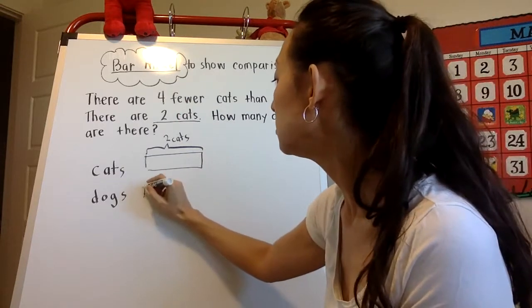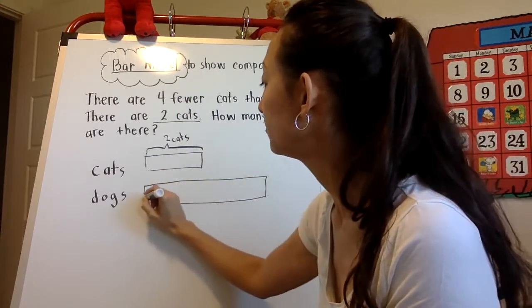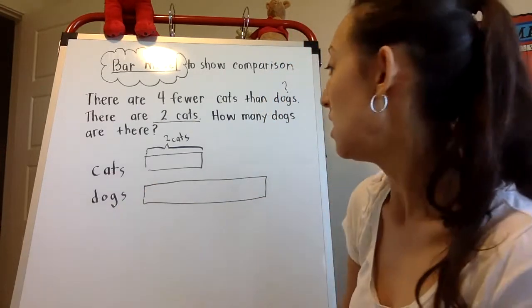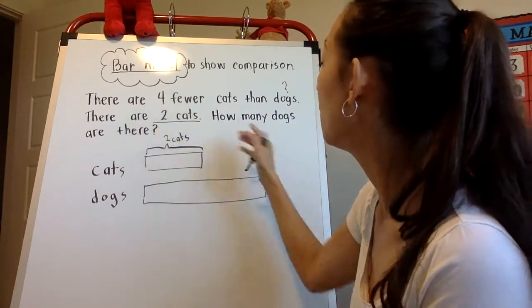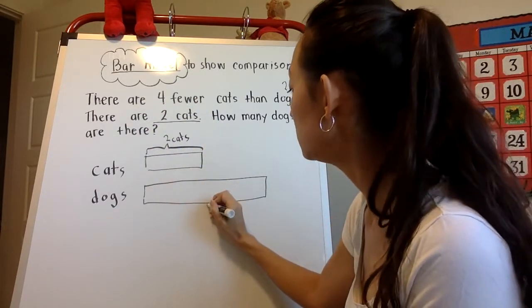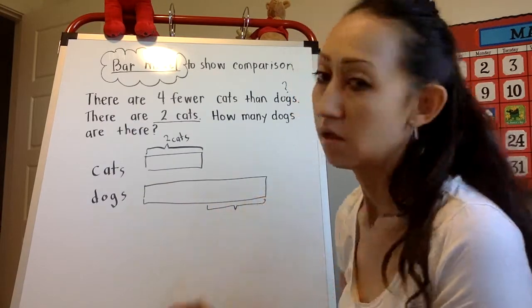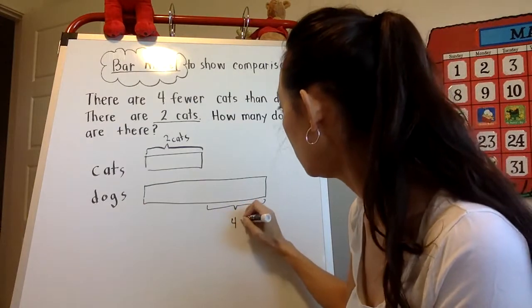Then I'm going to start drawing my bar model to represent dogs. And here I know that there are 4 fewer cats than dogs, so that means that dogs have 4 more. You can look at it like that.